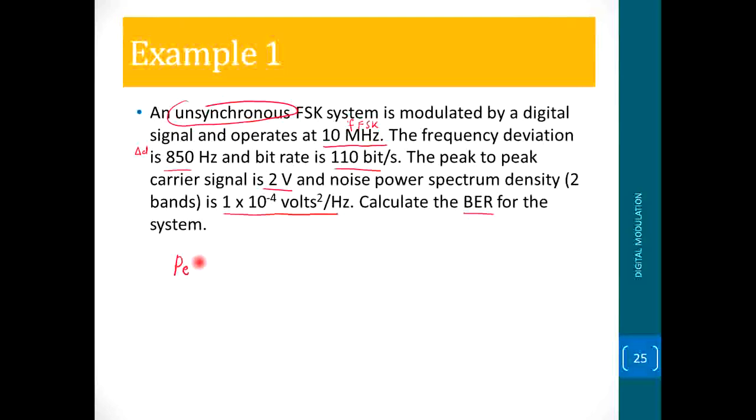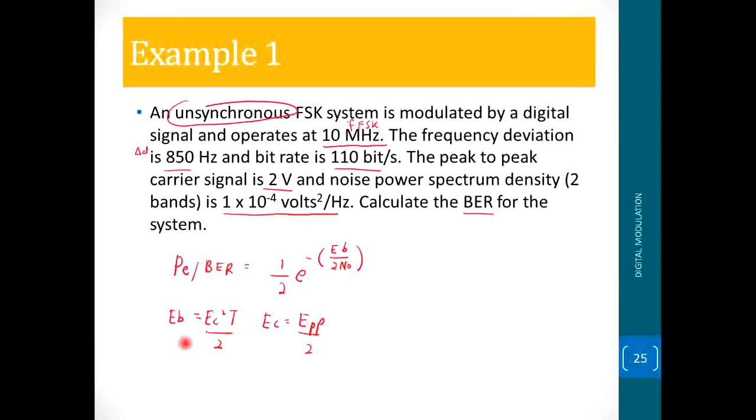So the PE or BER equals 1 over 2 e to the power of negative EB over 2N0. EB equals EC squared T over 2, and EC equals EPP over 2.